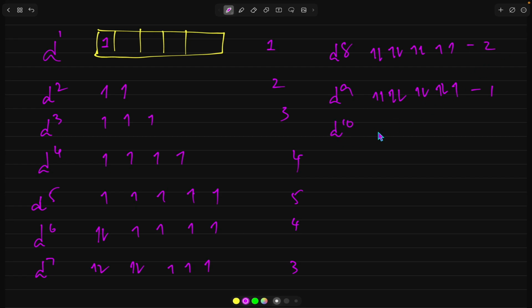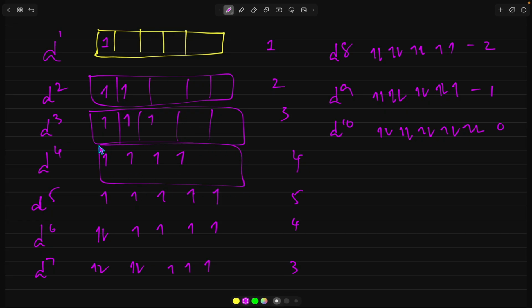In d10, all the electrons are paired up like this, so 0 unpaired electrons are present, right? Here only 2 unpaired electrons are found, here 3 unpaired electrons, here 4 unpaired electrons, and here all 5 unpaired electrons.